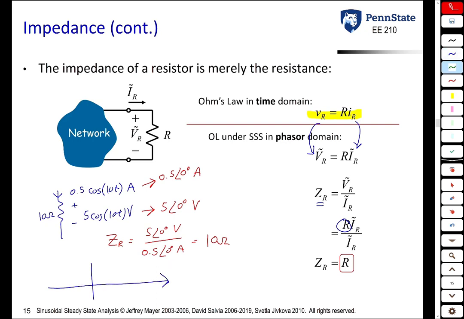If we were to plot the voltage and current for a resistor, the current is a cosine, and what we see is the voltage is also going to be a cosine, same frequency, just in this case, a bigger amplitude.